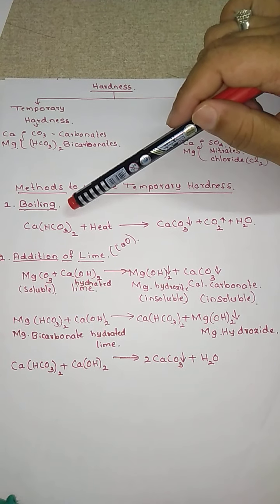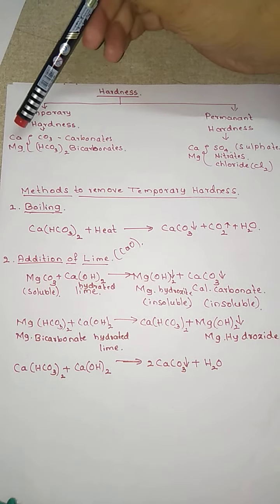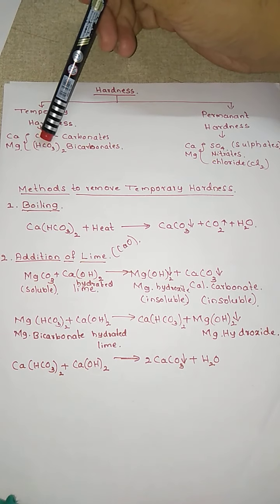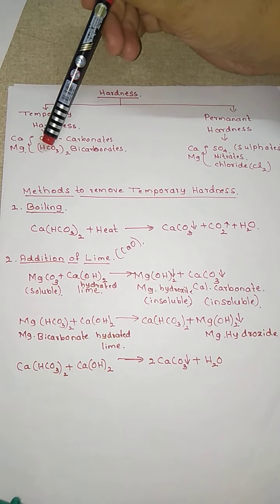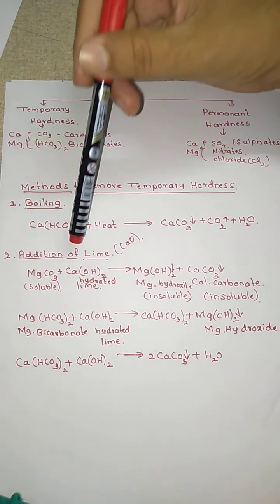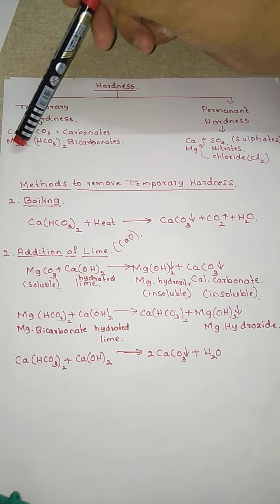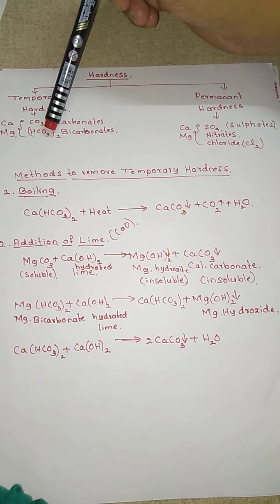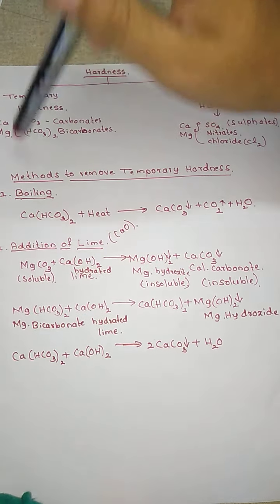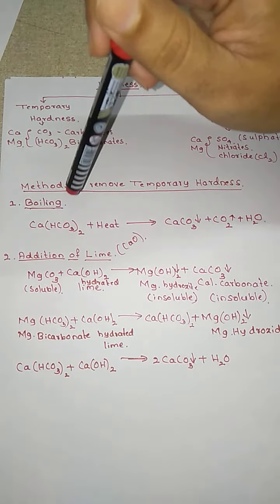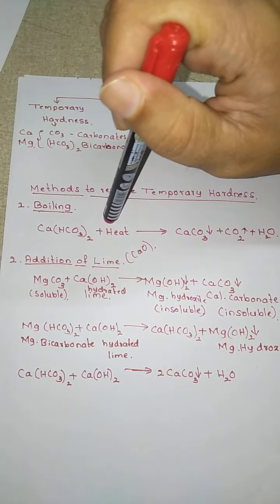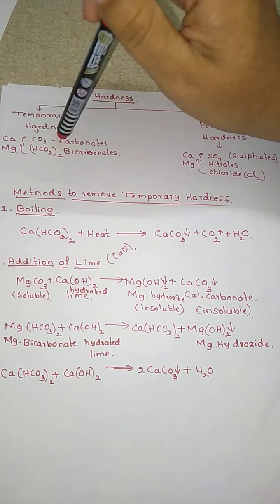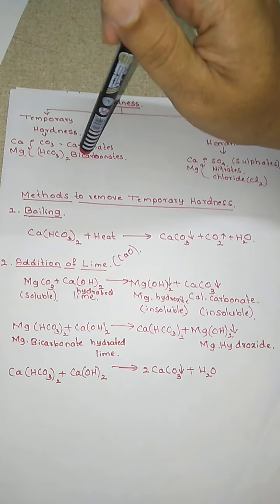In boiling, we remove the hardness caused by calcium bicarbonate, and in the addition of lime we remove the hardness caused by magnesium carbonate and magnesium bicarbonate. So the first process removes the hardness caused by calcium carbonate and calcium bicarbonate, and the second process the hardness caused by magnesium carbonate and magnesium bicarbonate.